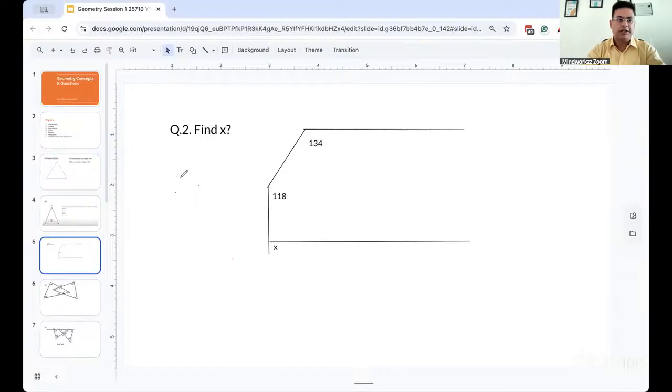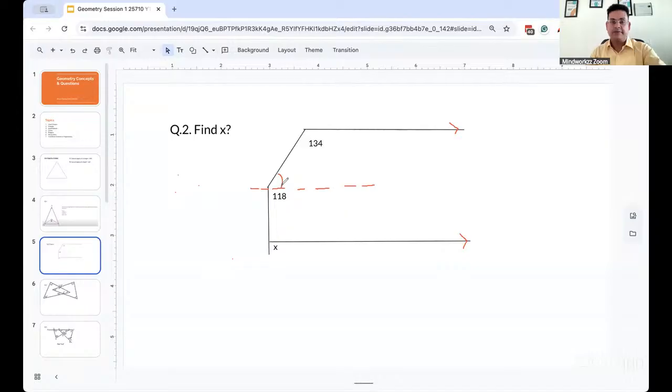So we'll do a small construction here. We know that this and this is parallel. You need to find the value of x. So just draw a line parallel to this. Now 134, what will be the value of this angle?